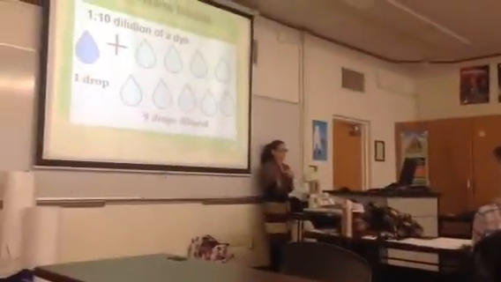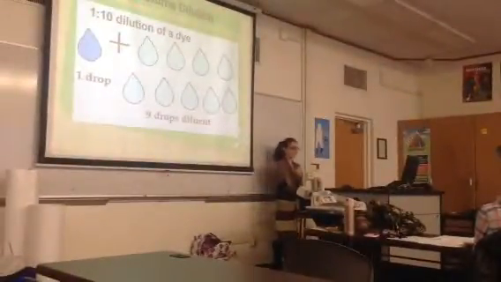It's not a direct 1 drop of dye to 10 drops of diluent. The 10 incorporates everything; your solvent and solute should total 10. So it's 1 drop of dye plus 9 drops of diluent. Does that make sense?